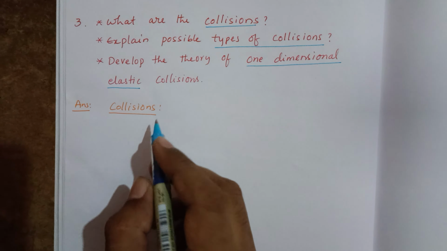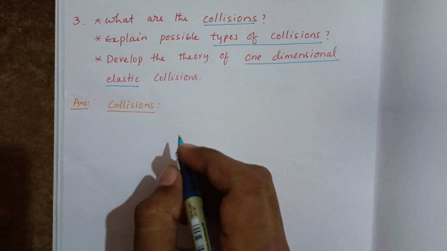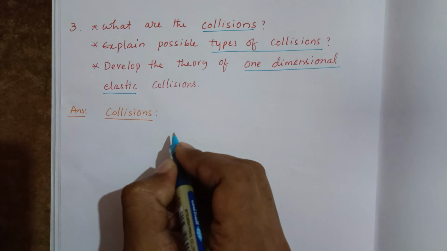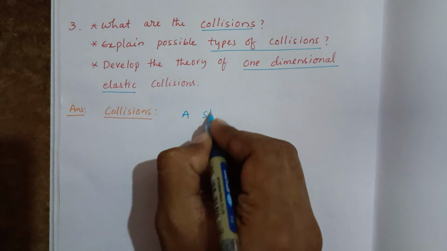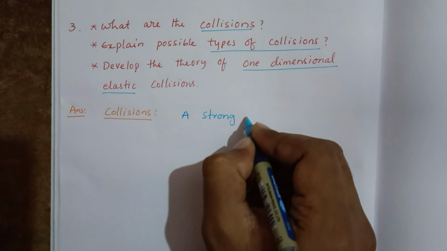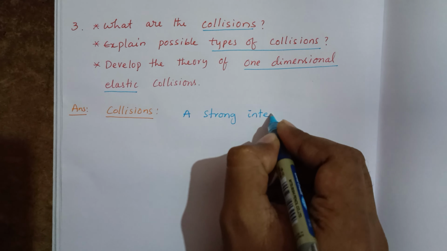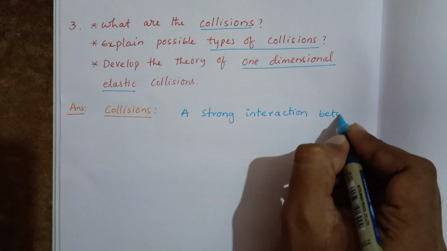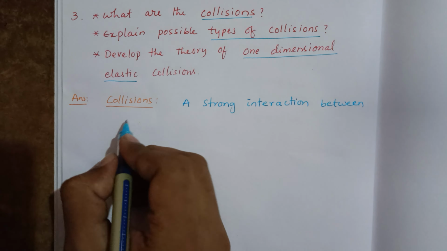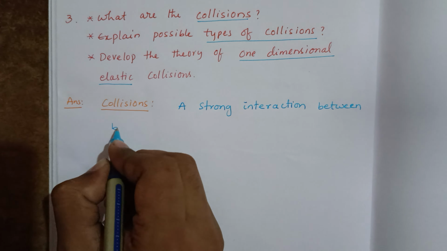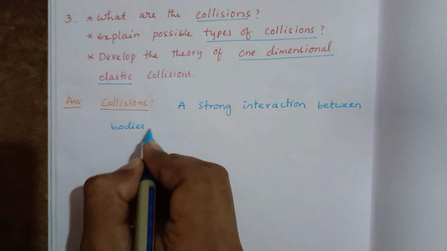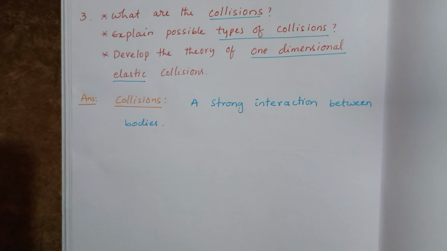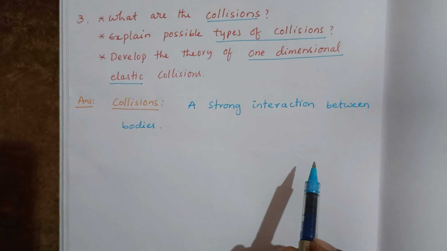Here collision means a strong interaction between bodies. Strong interaction between bodies means one object hits another object.